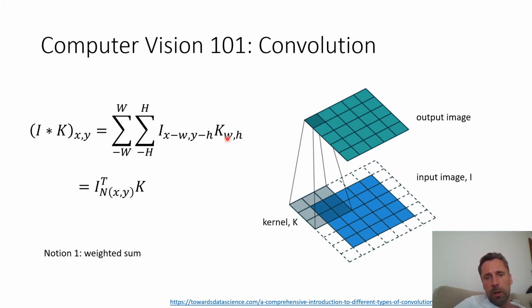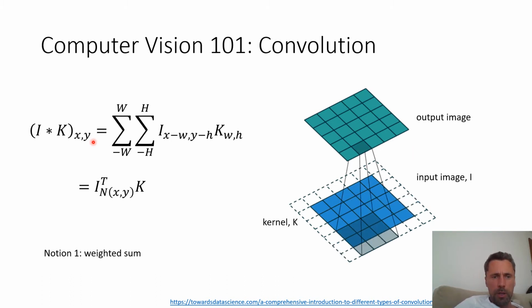Think of w and h as indices that are centric. The middle position here is 0, 0, and then the kernel is centered on an image position xy, and so the output here is just a scalar value.